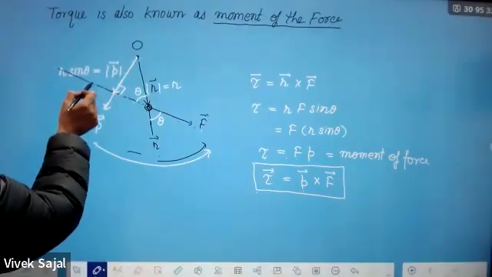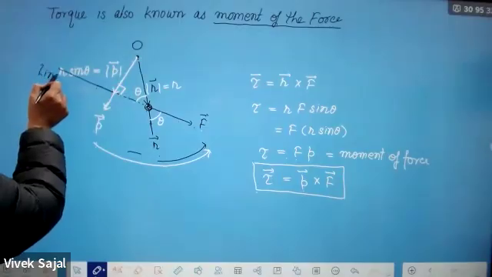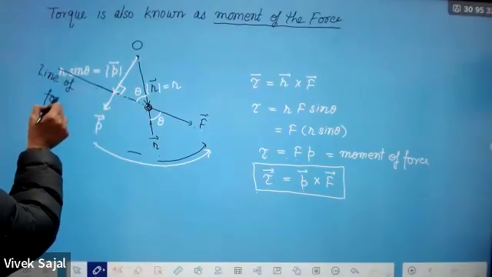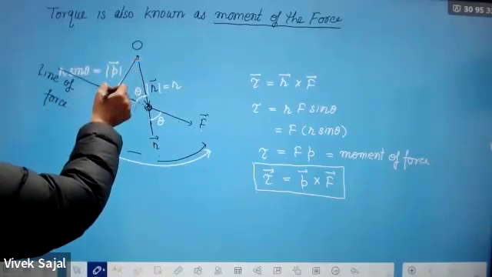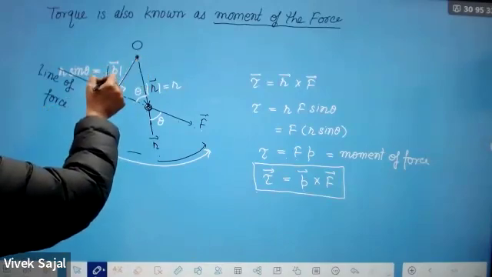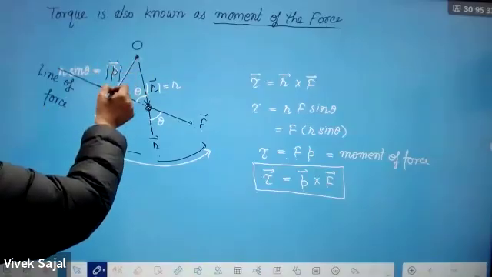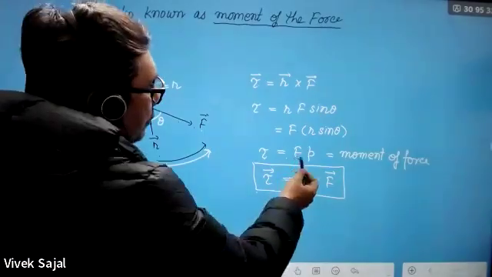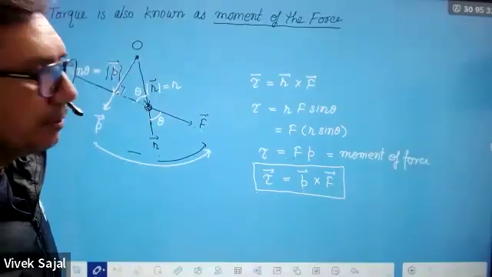Okay, you draw a perpendicular from the point about which rotation will take place, and this is P. Simply, F into P will be the moment. This will be the magnitude of the torque.